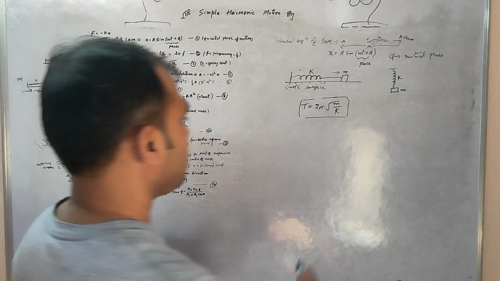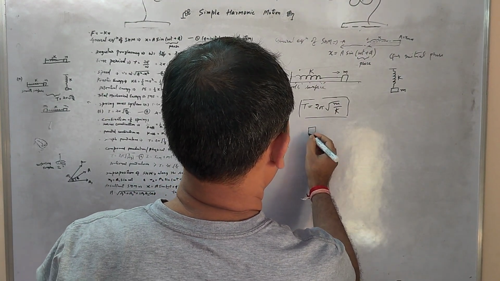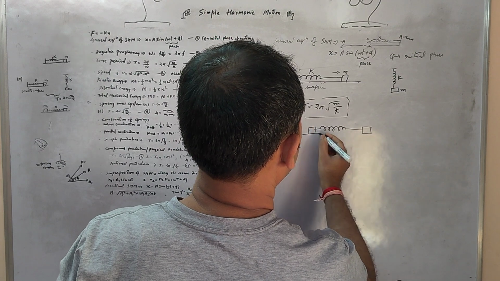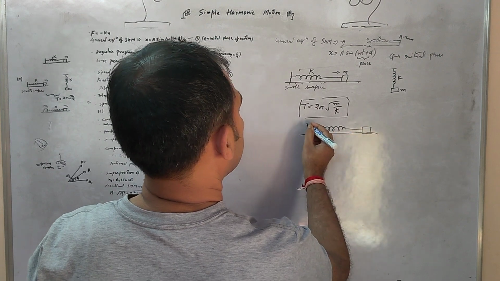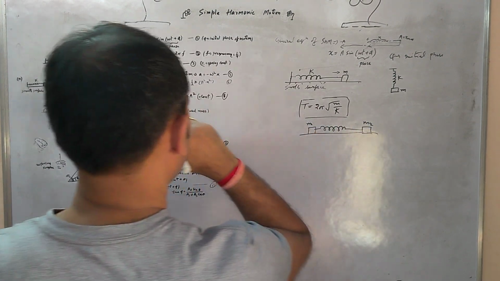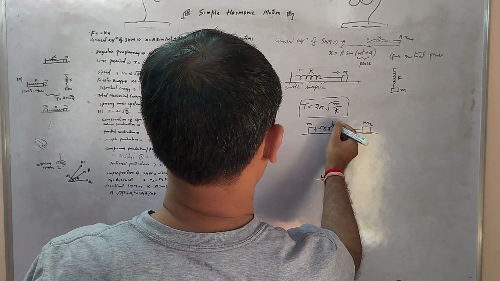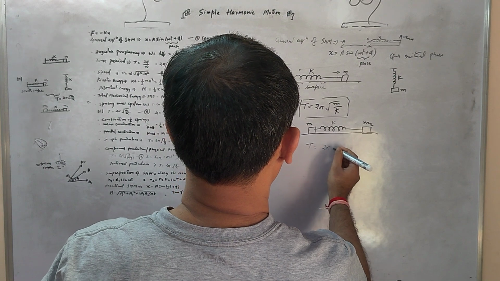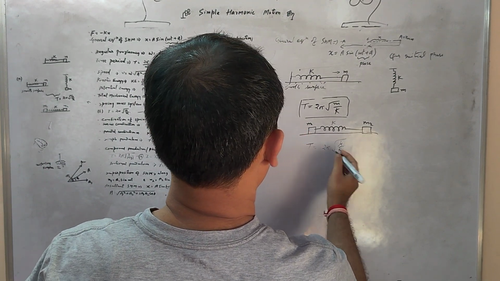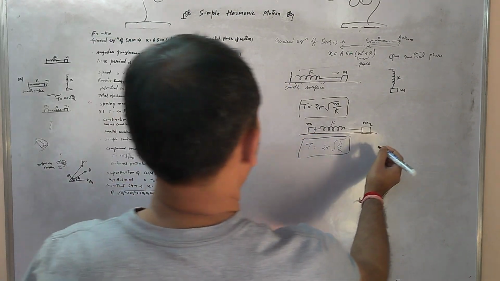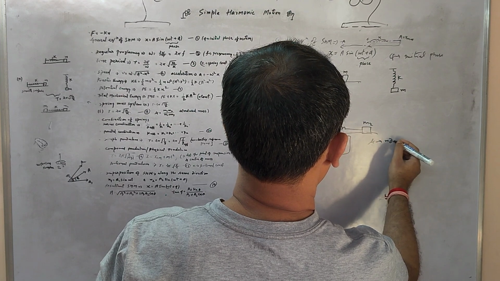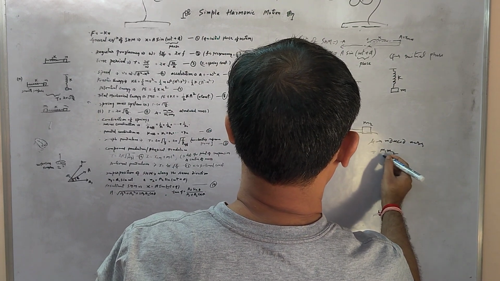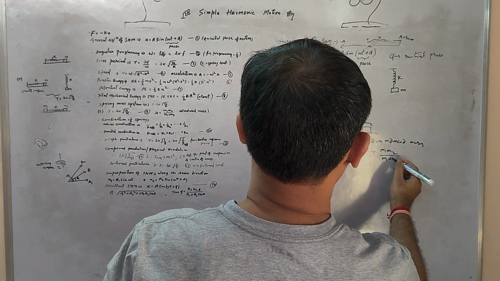If here we have a combination of spring mass system, where m1 and m2 are connected with a spring, this is m1, this is m2, and this is the spring constant k, then time period T will be equal to 2 pi root mu by k, where mu is called the reduced mass, and that will be equal to m1 m2 by m1 plus m2.